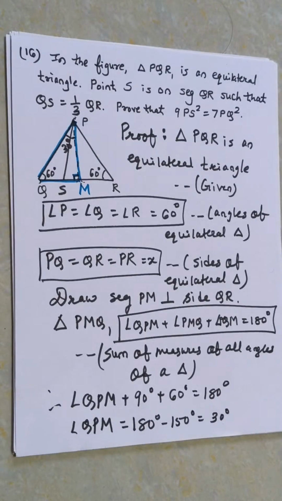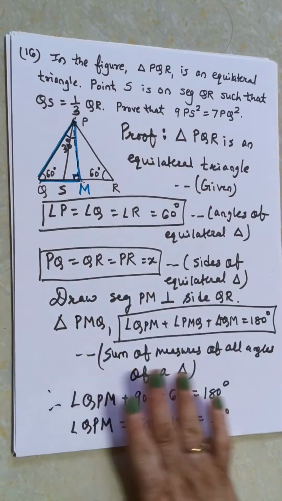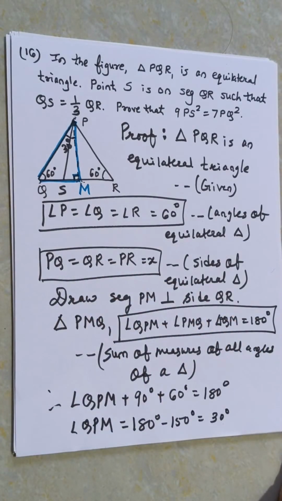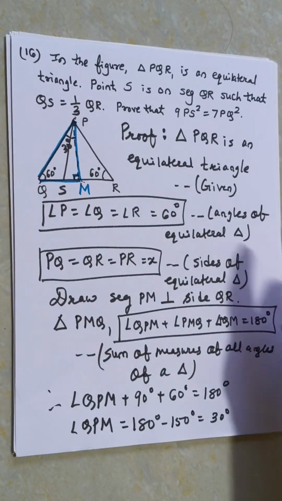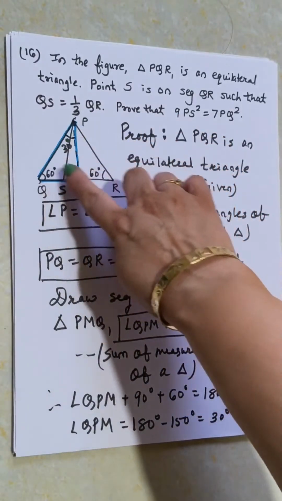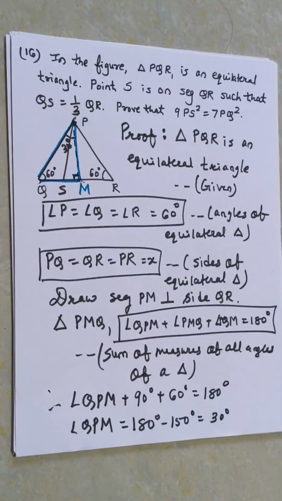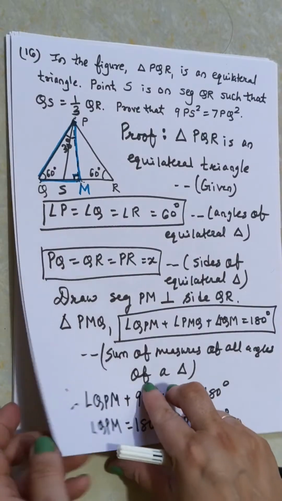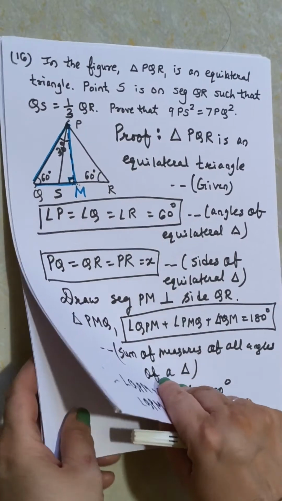So shall we move towards the next page? Everybody has completed this. Okay. So this blue color triangle PMQ is a 30, 60, 90 degree triangle. And now we are going to use that property of the 30, 60, 90 degree triangle. So I am going to take the next page now.